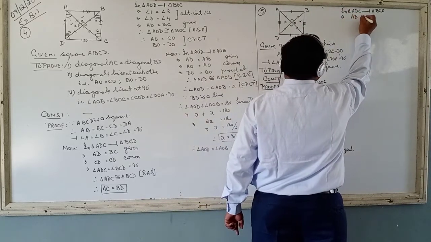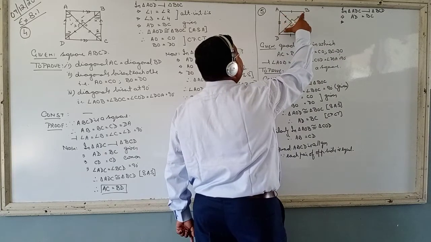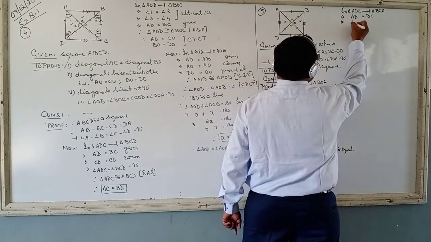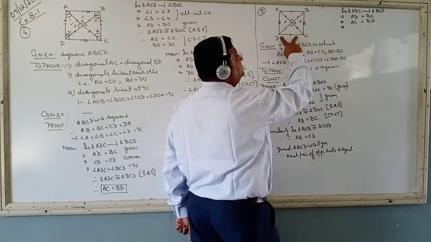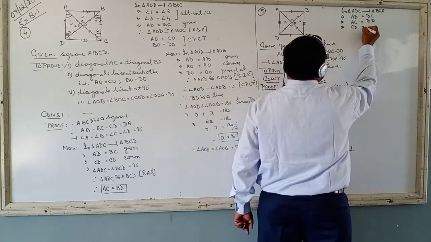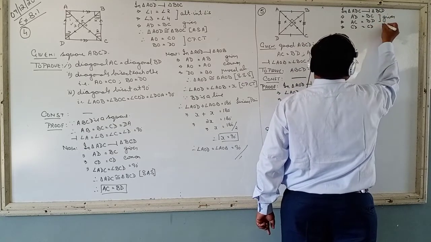Given to us, AD equals BC. Is the diagonal AC equal to diagonal BD? That is also given. And is this side CD common? CD equals CD. That is common. These two are given, and this is common.